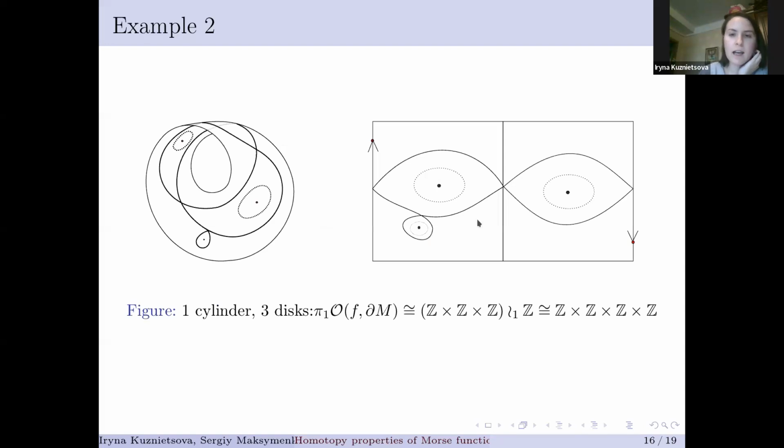The next example: here we have a generator which goes like that. Here each disk is fixed, so it's just this group.